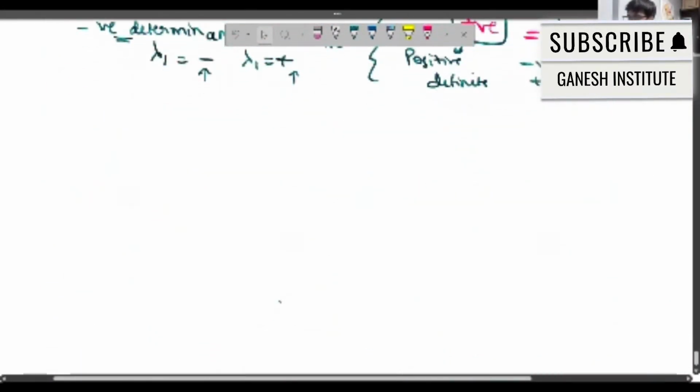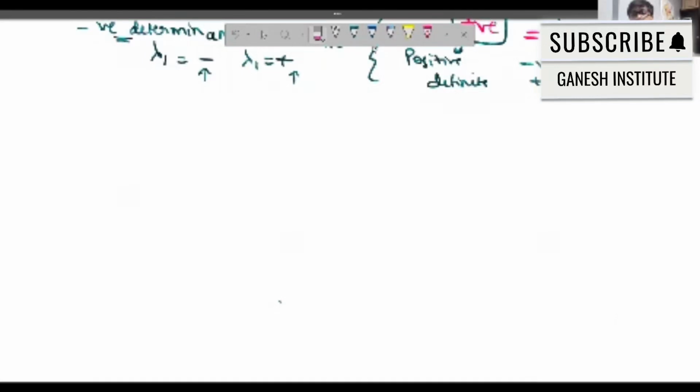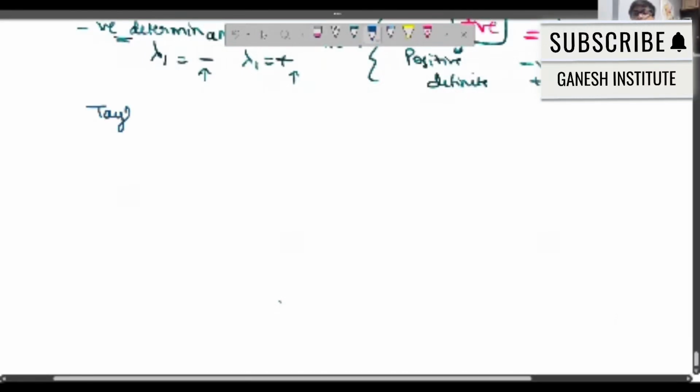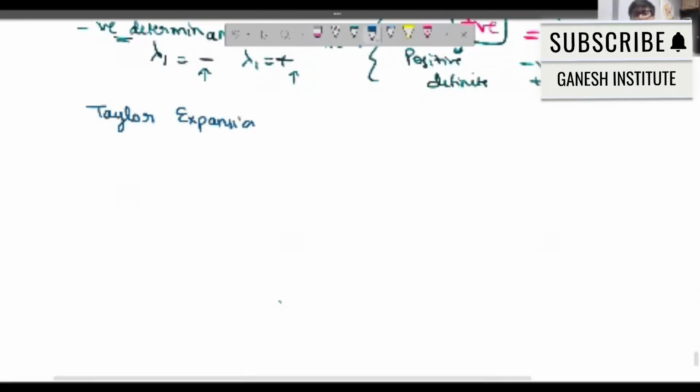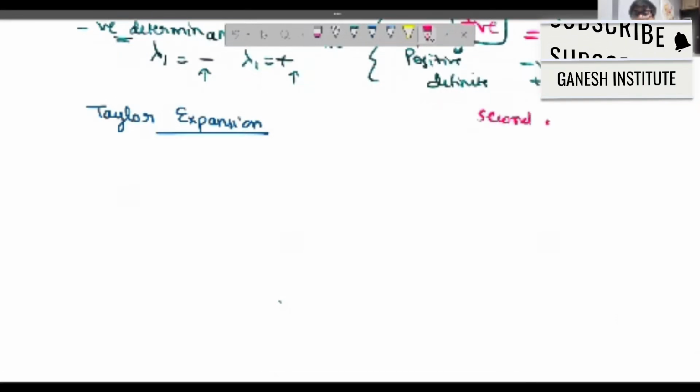Right. Now I told you about the formula for Taylor expansion in two ways. This is the third way. If you have second order partial derivatives, like the Hessian matrix, there is another formula, and you'll be able to relate with it.